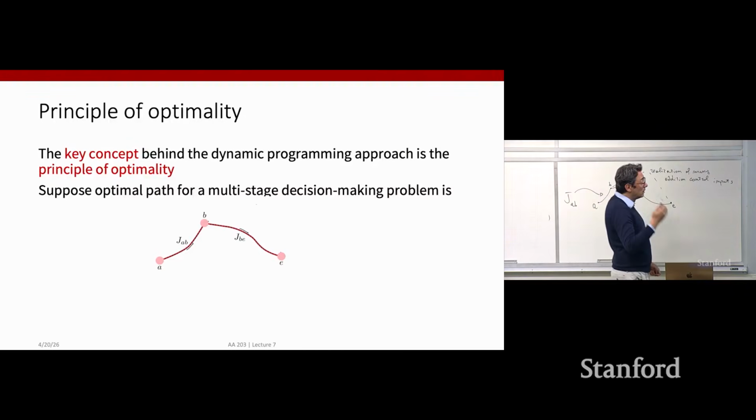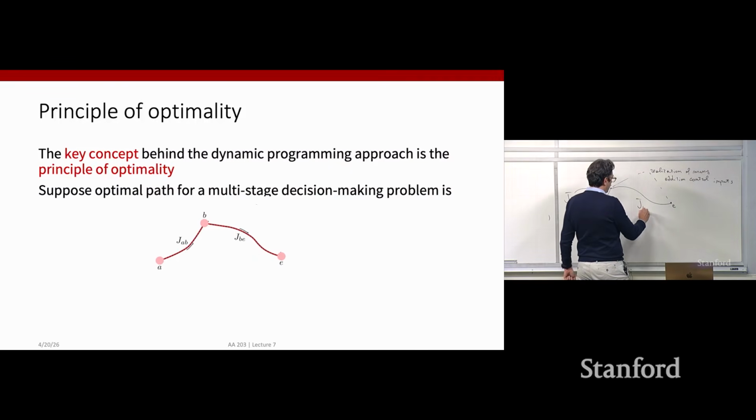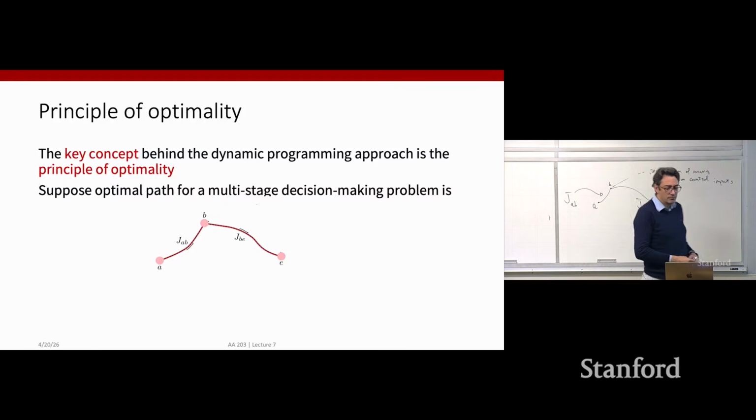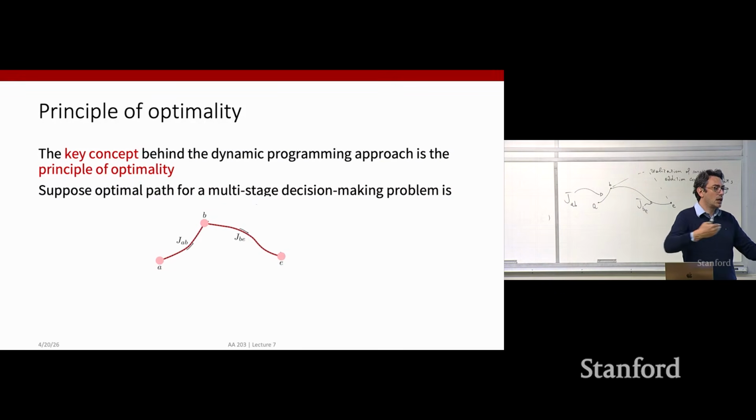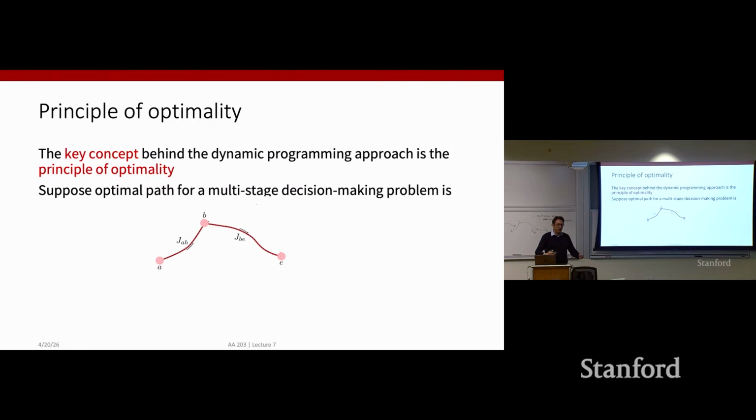And let's call the cost of transitioning from B to E along this specific path J_BE. So according to our formulation, what is the total cost for going from A to E along what I claim is an optimal path?